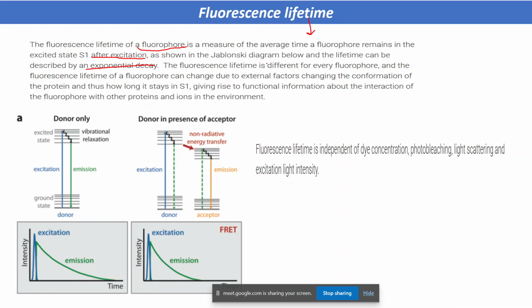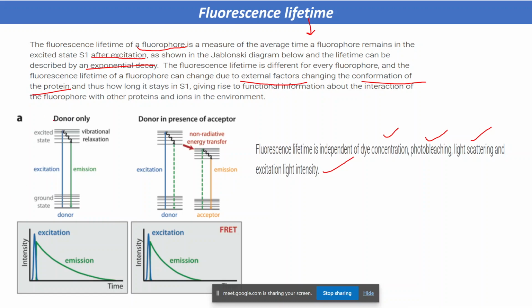Also, the lifetime can vary for every molecule, and it is independent of the dye concentration, photobleaching, light scattering, and excitation light intensity. But it can vary due to external factors such as a change in the conformation of the protein, or pH, etc. So these external factors can affect the fluorescence lifetime, but the concentration of the dye, photobleaching and light scattering are independent.